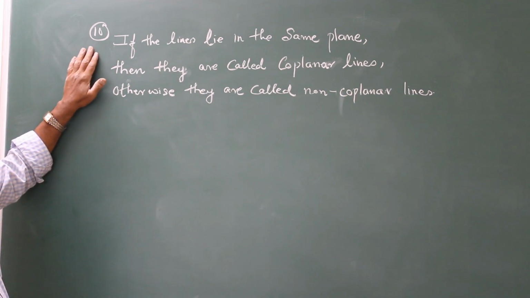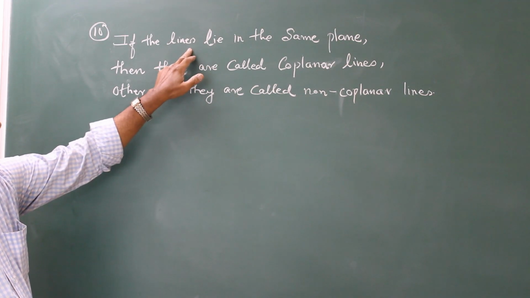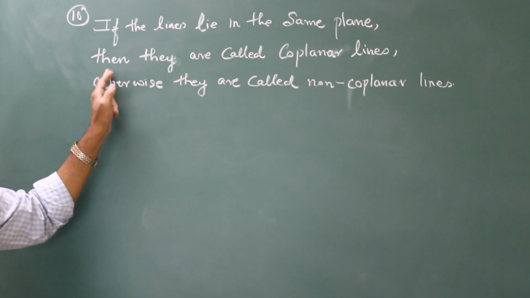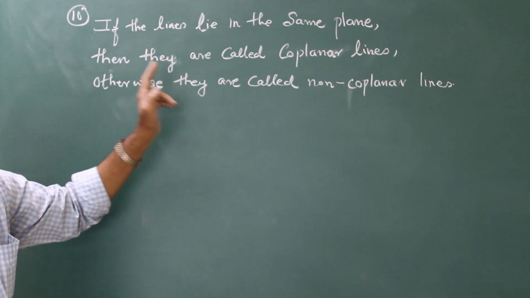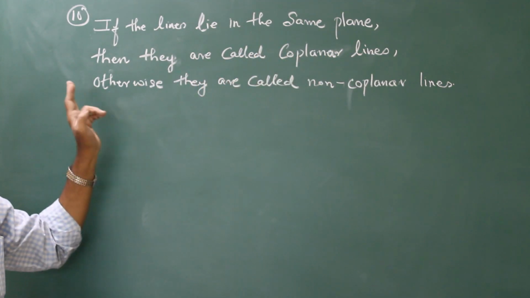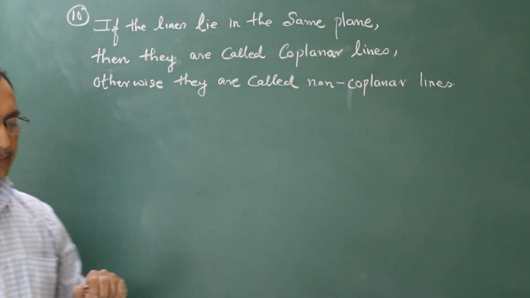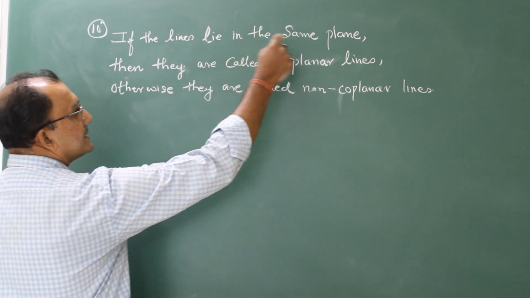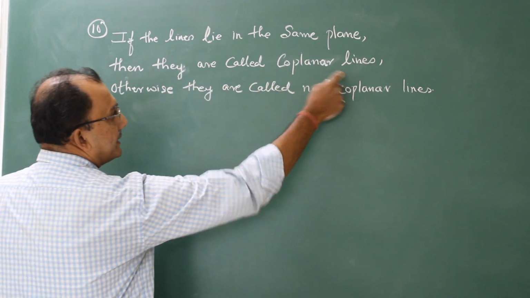Axiom number 10. If the lines lie in the same plane, then they are called coplanar lines. So here we are trying to explain what coplanar lines mean. Otherwise, they are called non-coplanar lines. So again, if the lines lie in the same plane, then they are called coplanar lines.